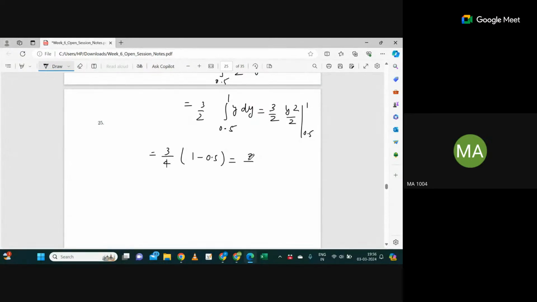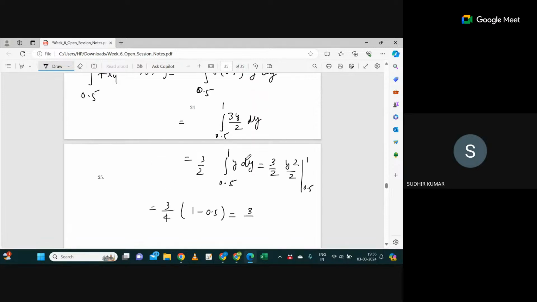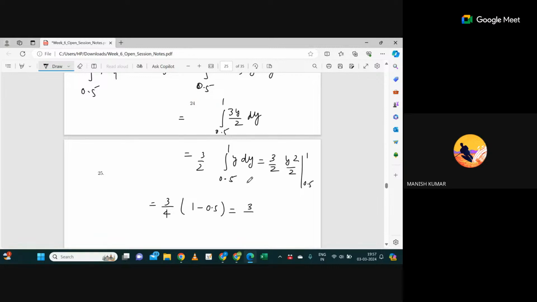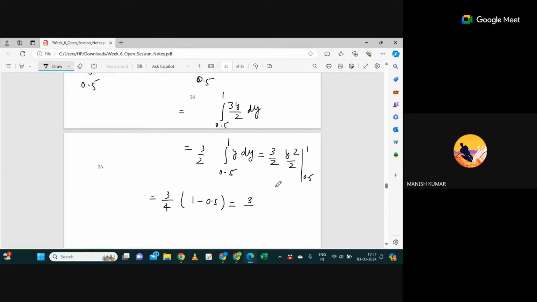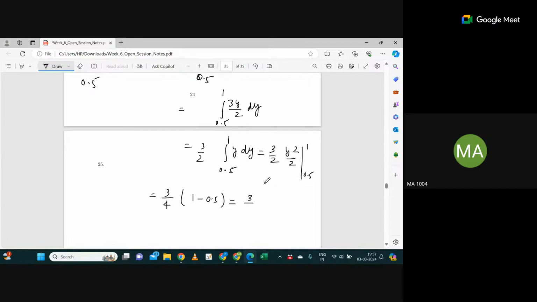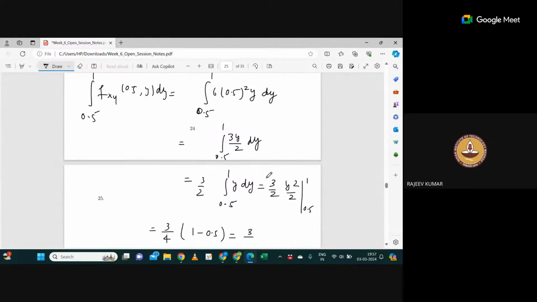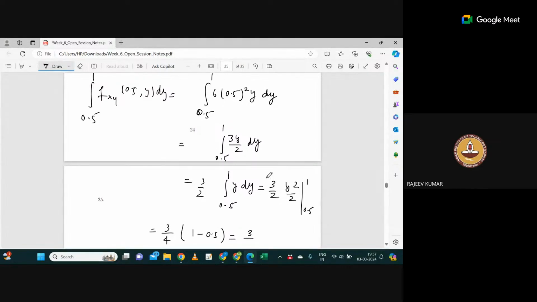No, not 3 by 8, we missed the 6. One second. The limits go on y squared, so it is 1 minus 0.25.